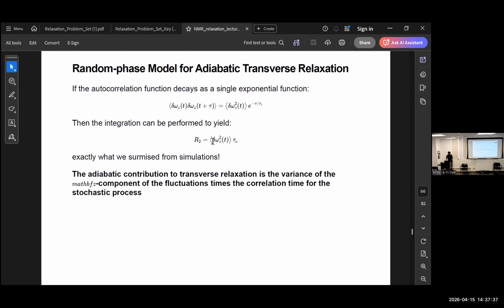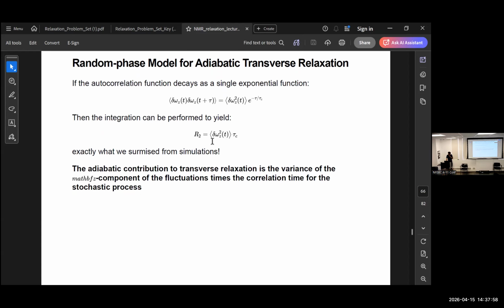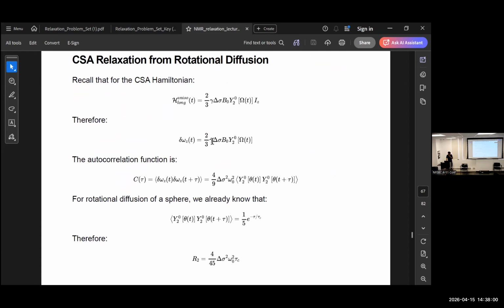We come to a very important result: adiabatic R2 is variance times correlation. Variance in frequency times correlation time. Remember, the average delta omega is 0, the variance is non-zero, and that is what contributes to R2.